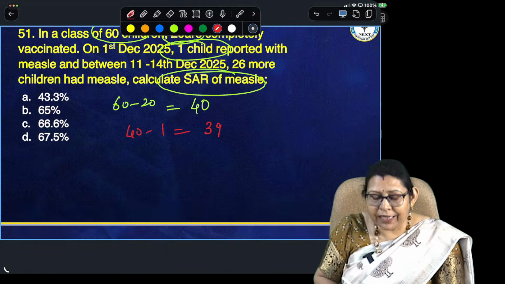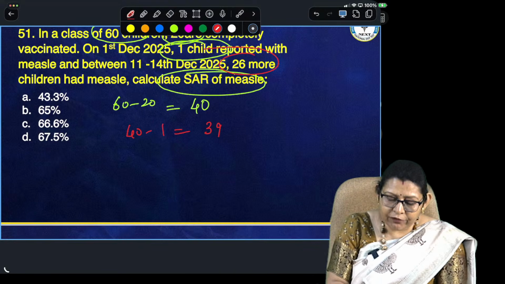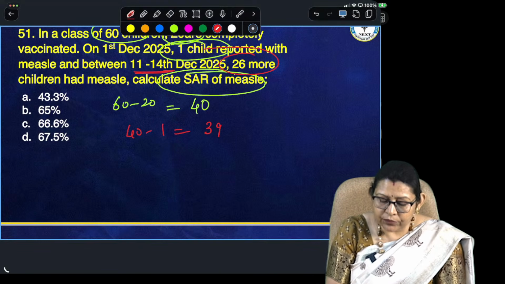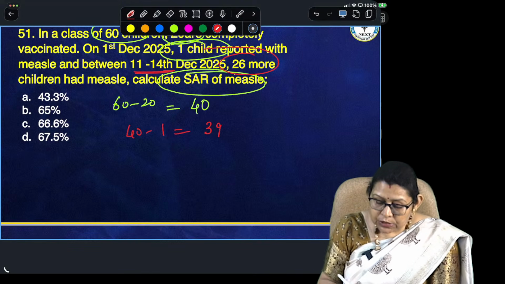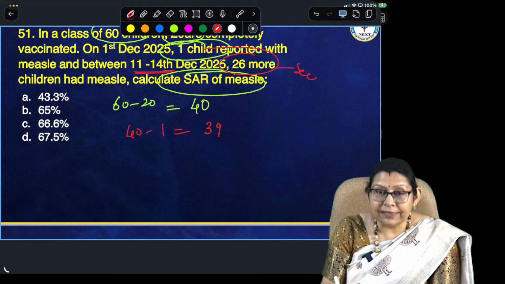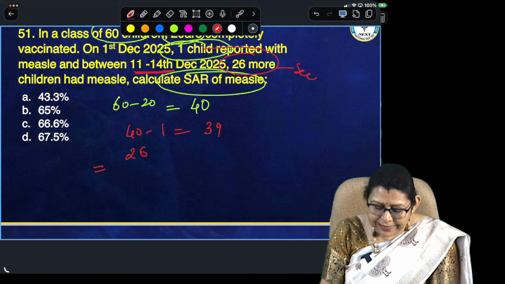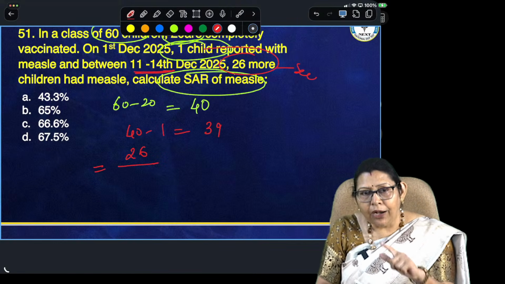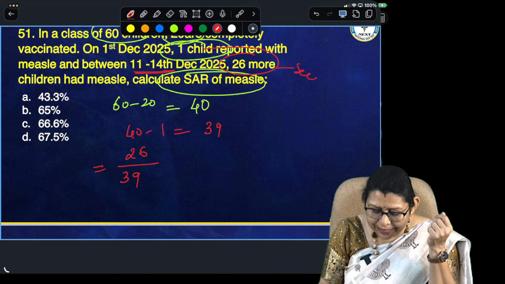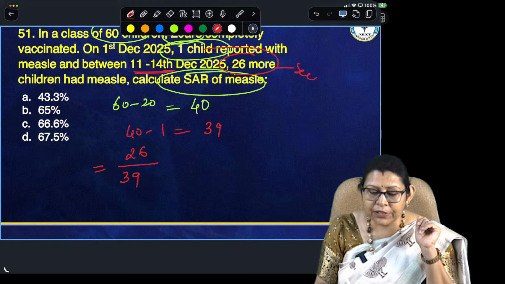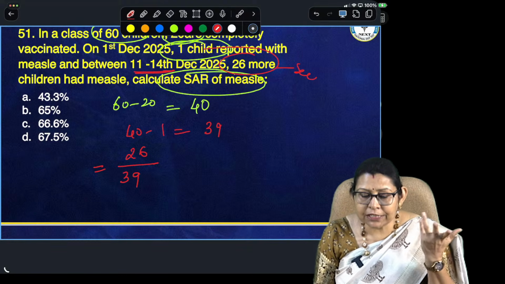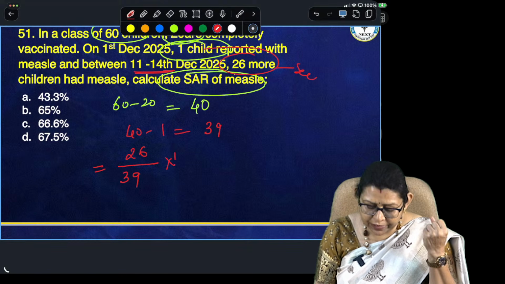Out of these 39, 26 more developed measles on the 14th December. Single incubation period में है. ठीक है? So these are the secondary cases. So how many are the secondary cases? 26. How many are the susceptible? That is a catch. It is not 40, it is not 60, it is 39. ठीक है? So 39, 26 by 39. Yes, you are very, very correct.